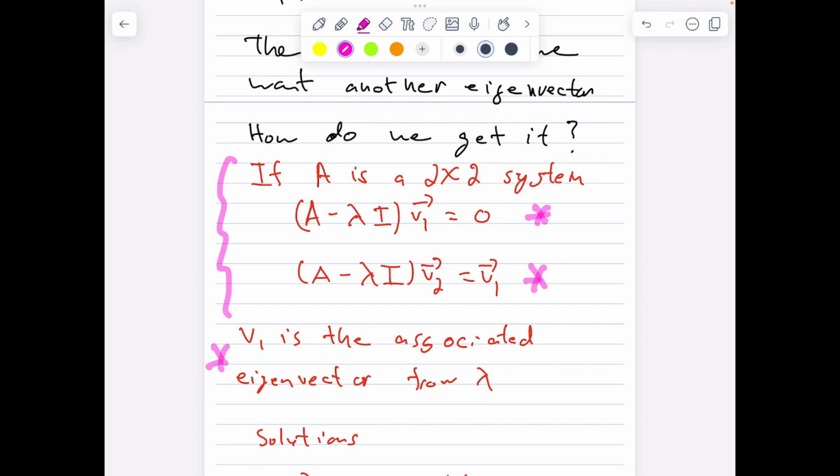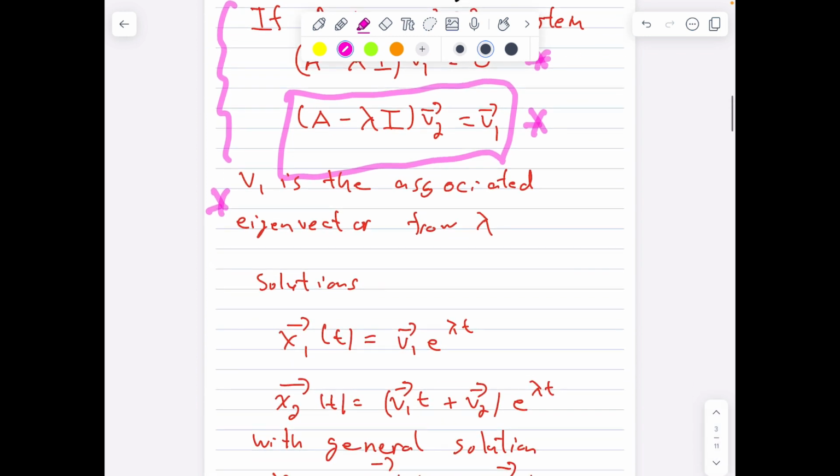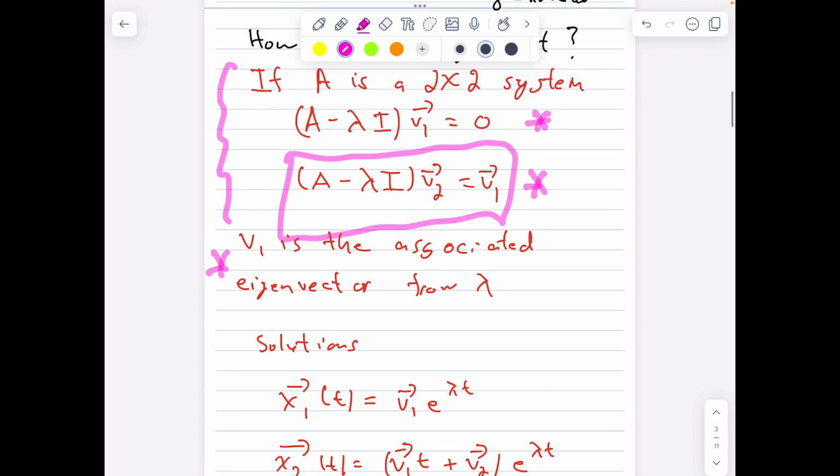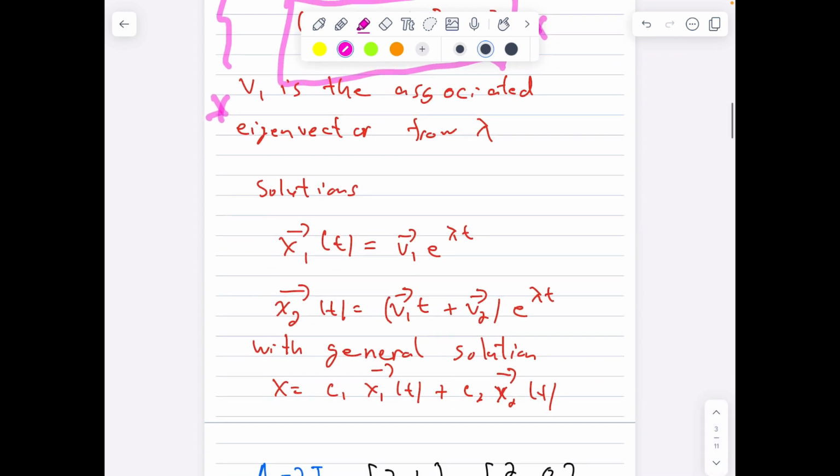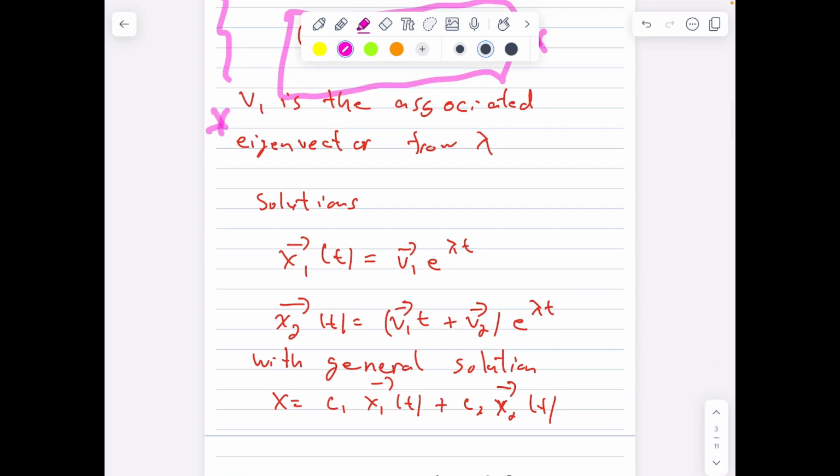The big deal is to solve this part over here. What you're looking for is A minus lambda I times some vector V2 equals the vector V1 that you just found. I know that sounds complicated, but it's not that bad.